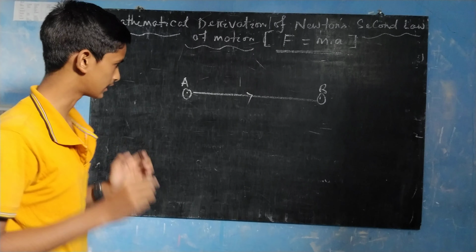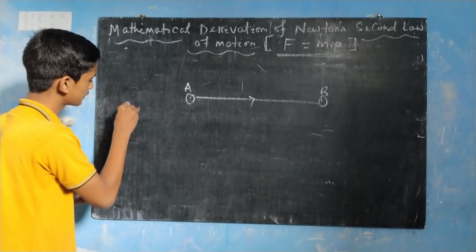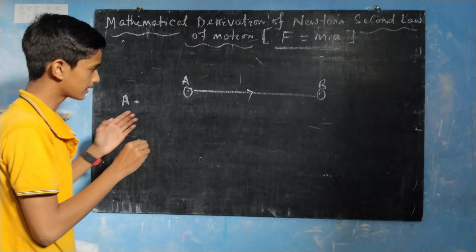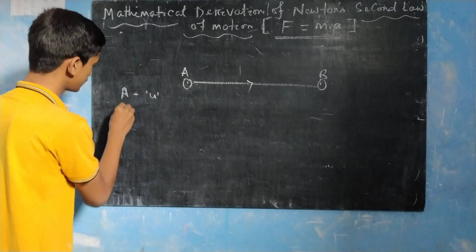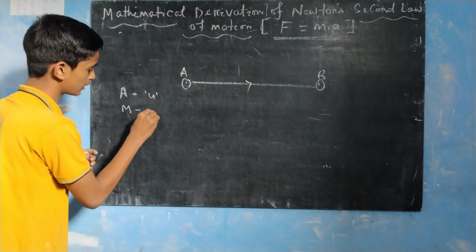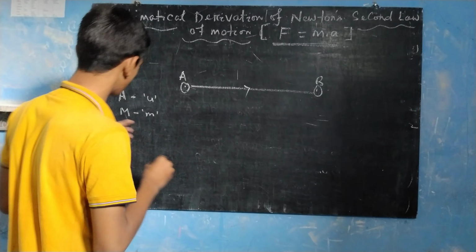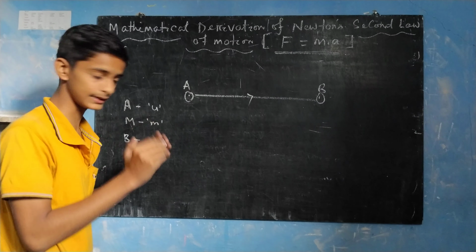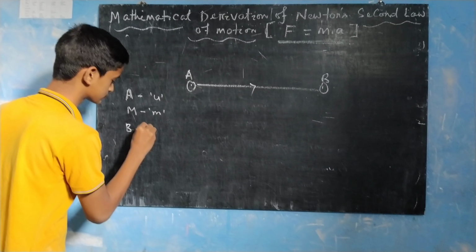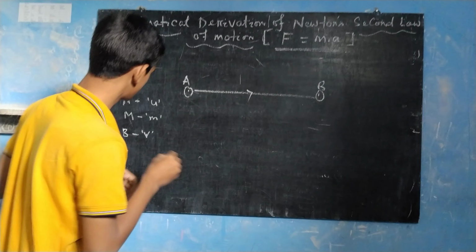So the given data are: at point A the velocity is called initial velocity. It is denoted by the symbol small u, and the mass at point A is denoted by small m, and the velocity at point B is called final velocity. It is denoted by the symbol small v, and the mass remains constant.